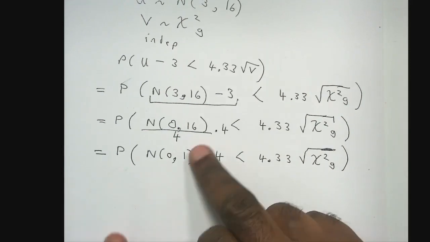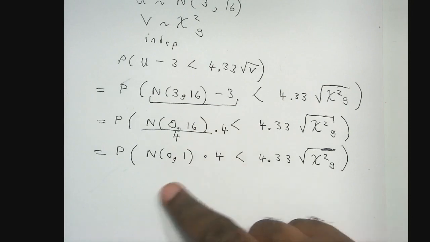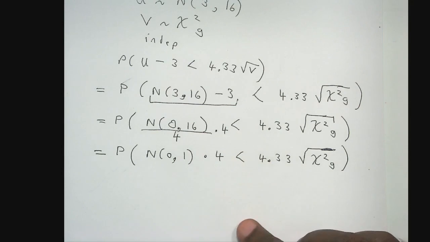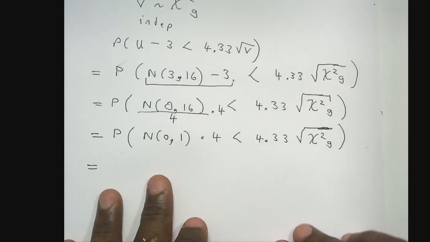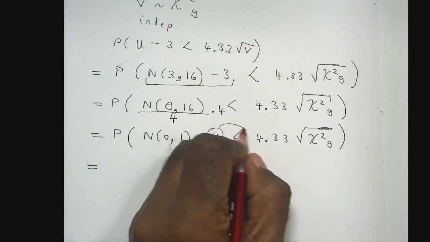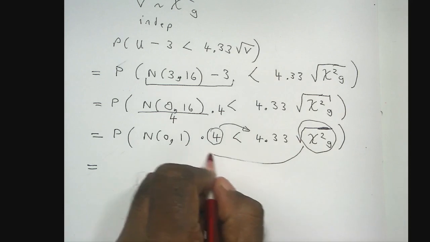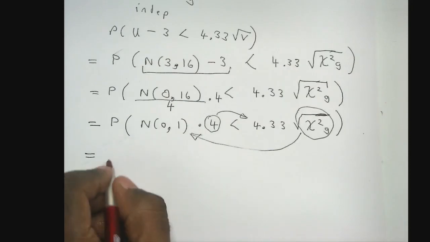Do you see what I've done? If you divide this by 4, you get the standard normal variable, right? So you have to multiply by 4 too. Right, now I'm going to take this 4 here to the right hand side, and this guy here to the left hand side. So what you will get is the following.